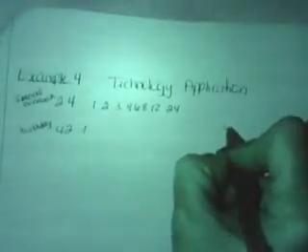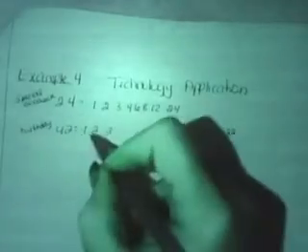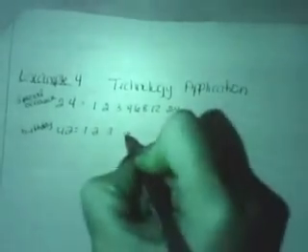My factors of 24 are going to be 1 and 24, 2 and 12, 3 and 8, 4 and 6. Your factors of 42 are going to be, I'm going to spread it out since it's a little bigger number, 1 and 42, 2 and 21, 3 and 14, 6 and 7.